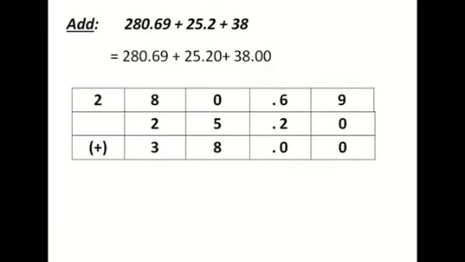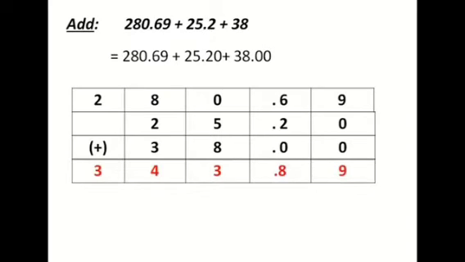Now we will add them and write down. And place the decimal point as it is given for the add-ins. Means from the right, take 2 places and then place your decimal point. So it is 343.89. Write down sum equals 343.89.